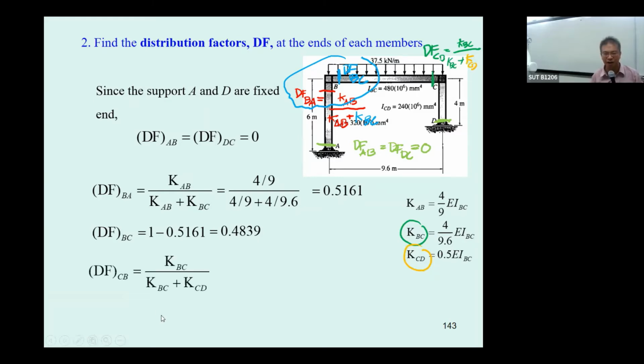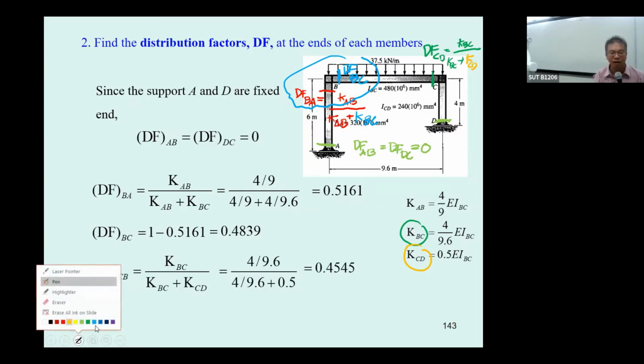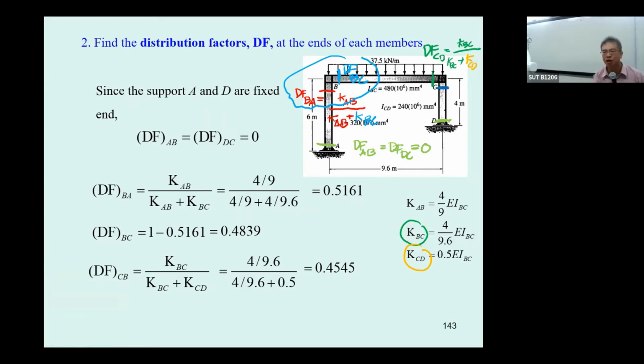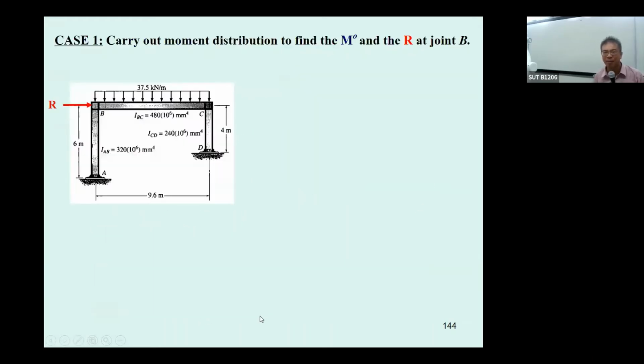You plug everything into this equation, and you get 0.4545. And the last one for this portion, the distribution factor is just 1 minus 0.4545, and you get 0.5455.